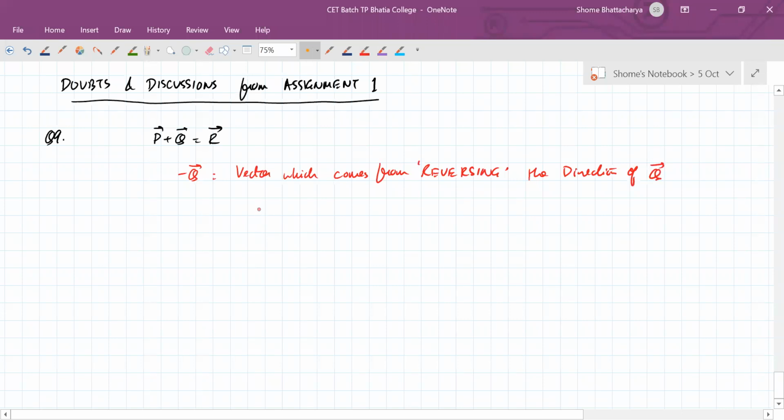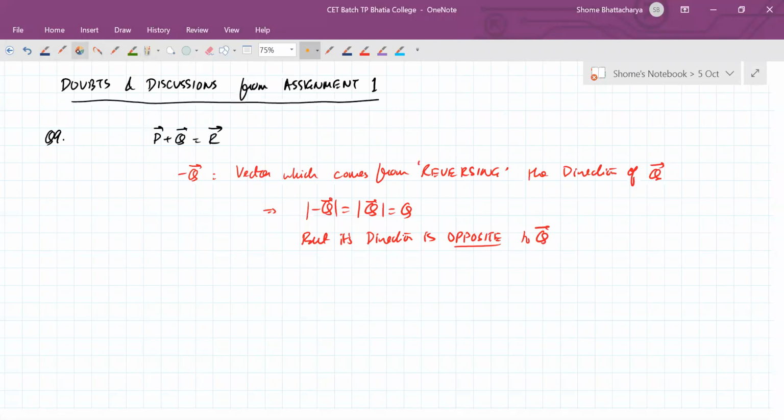So in other words, the magnitude of minus q will be the same as the magnitude of q, okay, but its direction is opposite to q.